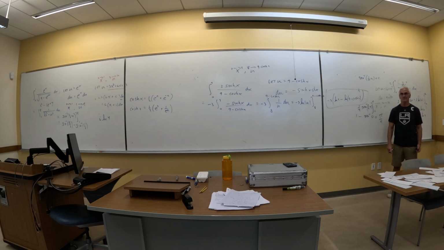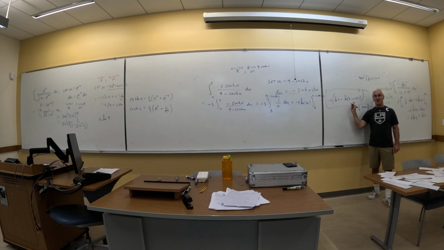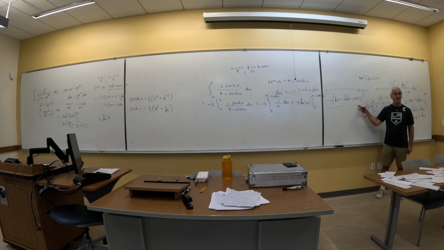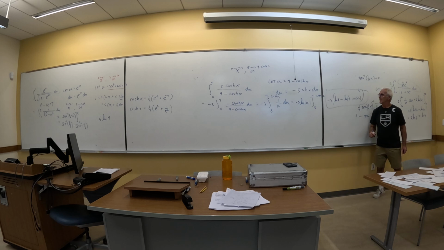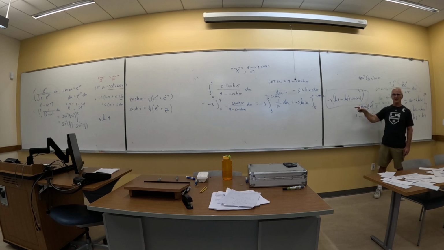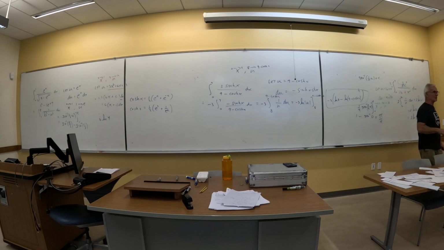Sure. Nothing's going to combine, nothing's going to cancel. I have the difference of logs. Can I write this as the log of a quotient? Yes. That's going to be pretty ugly, isn't it? I don't think I want to write the log of 8 divided by this. It's correct, but I think it's just way too messy.